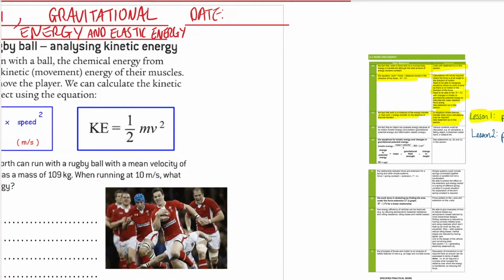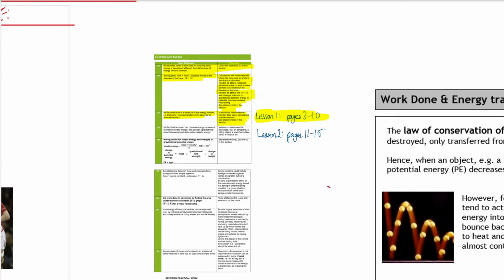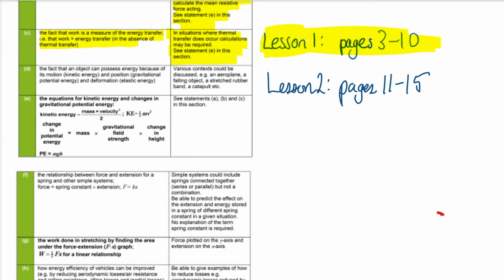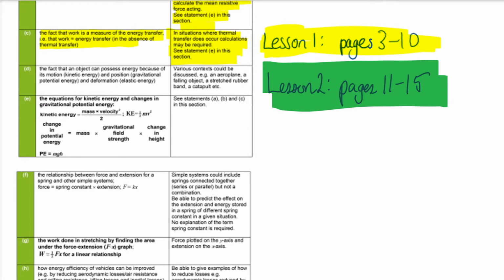Quick look then at the learning objectives of this lesson. As you can see, we're going to be completing pages 11 to 15 in your booklet.